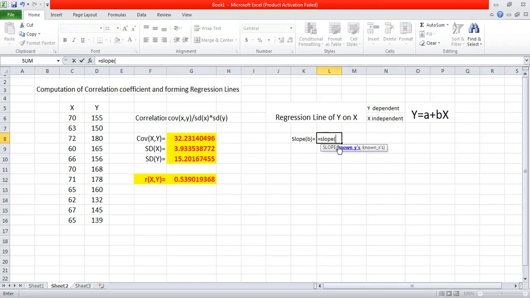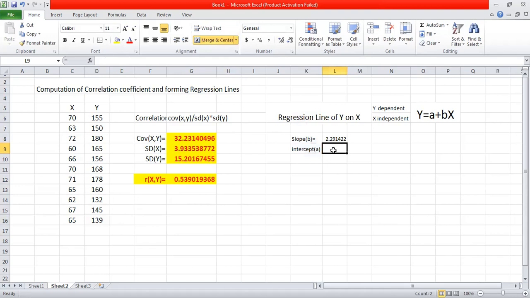For this, what are the dependent variable y values? Y on x means y is dependent. Select all the y values, comma, now the independent variable, that is x values. Therefore, we get the slope value as 2.2914. Similarly, next I want the intercept. Intercept is nothing but the a value.